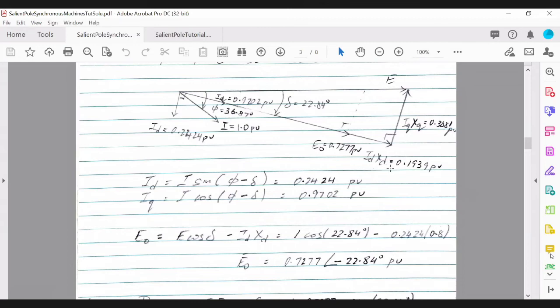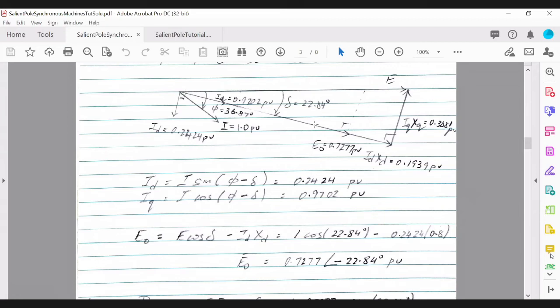And so in order for us to get E naught, right? So what I've done is, okay, just let's confirm this. Right, so when we resolve E along delta, we're not getting this portion, we're getting the full part here.